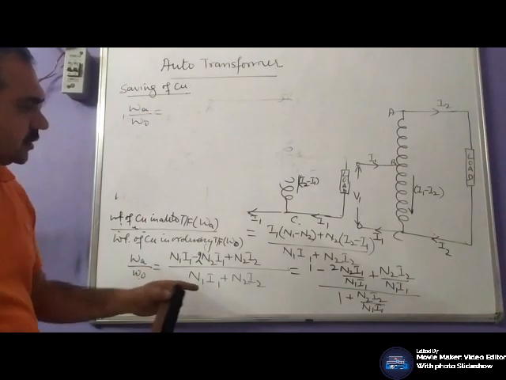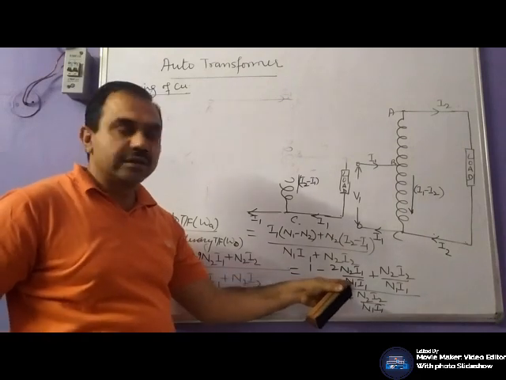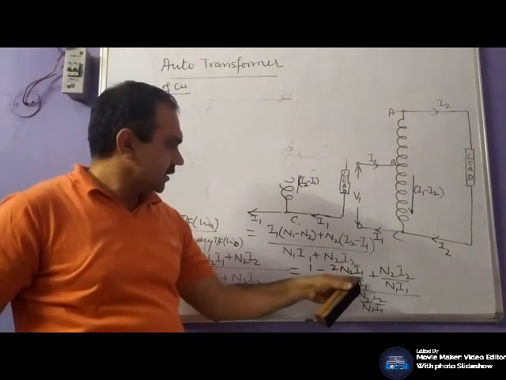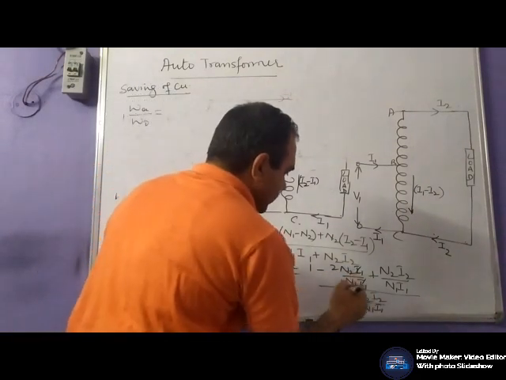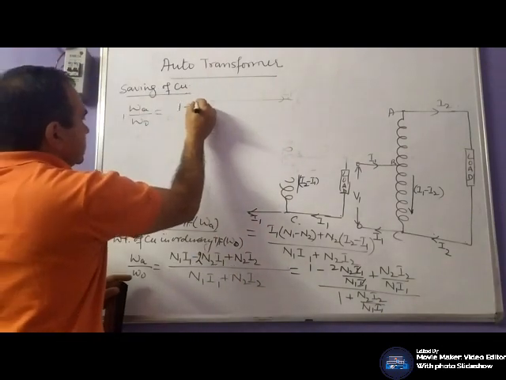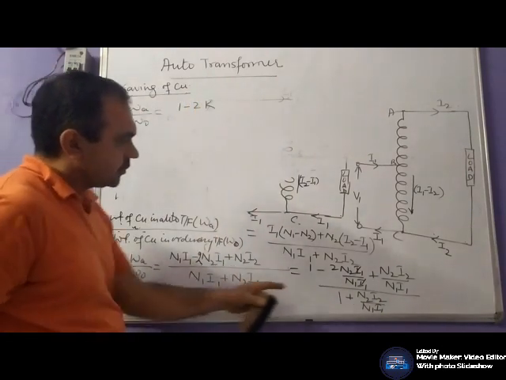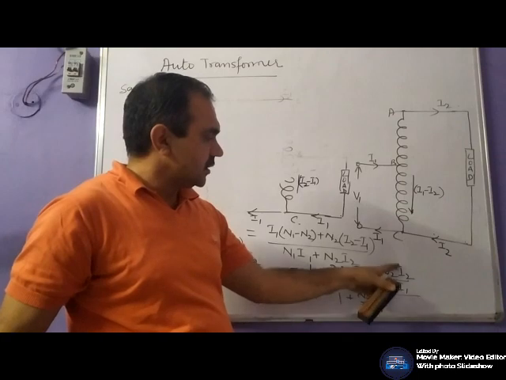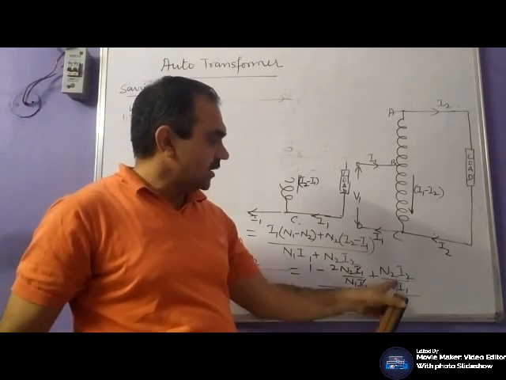In an ordinary transformer, N2 by N1 is K, and this will be cancelled. So 1 minus 2K plus N2 by N1 times I2 by I1.